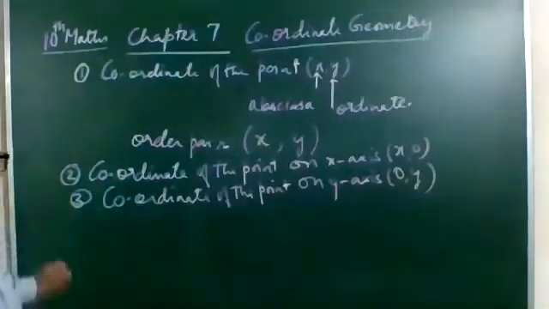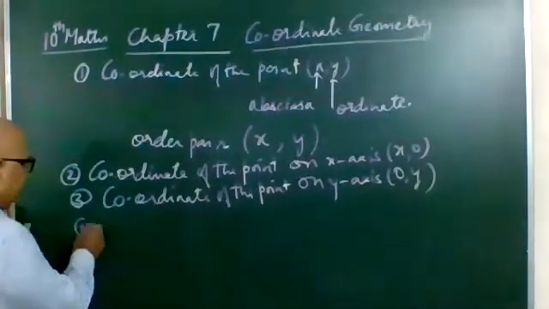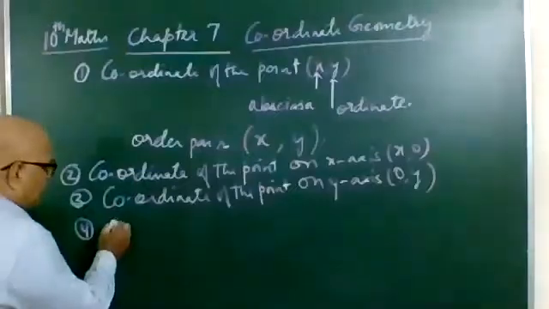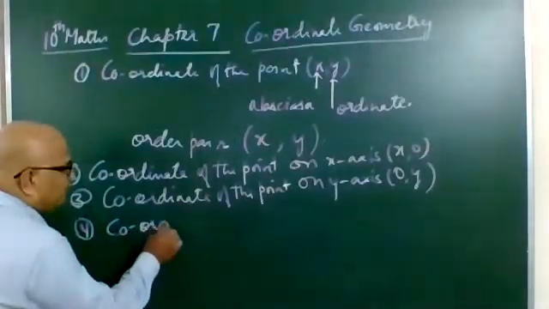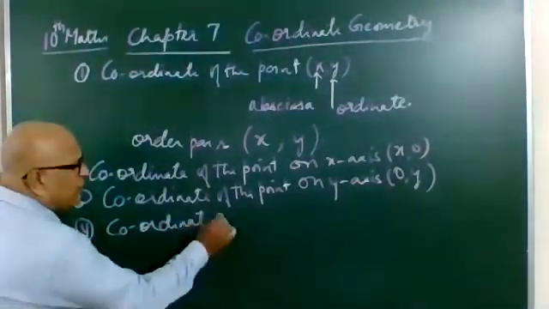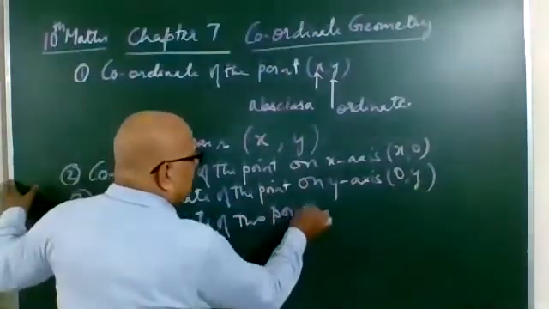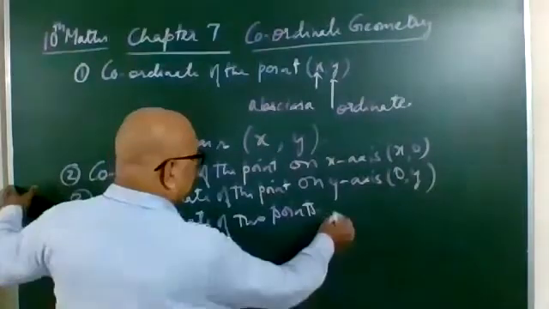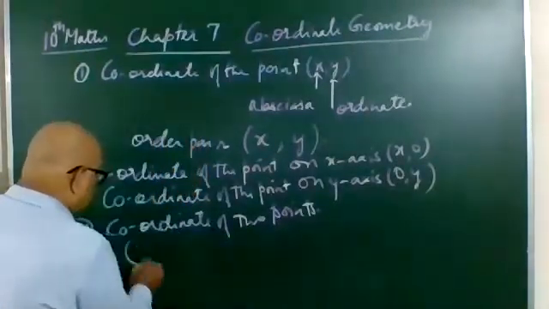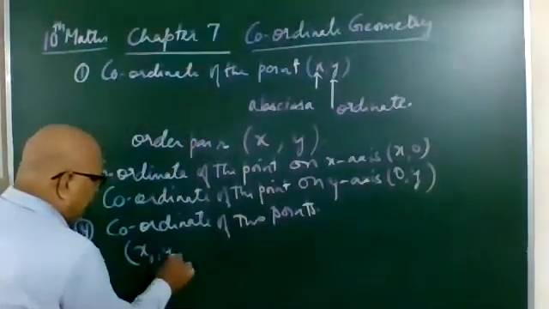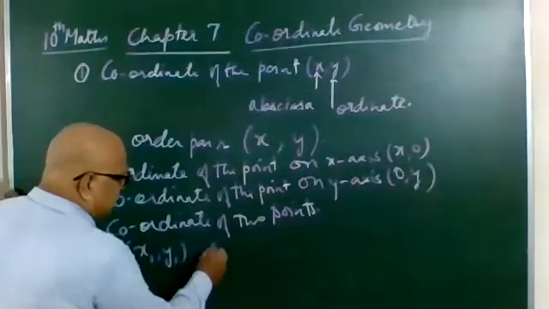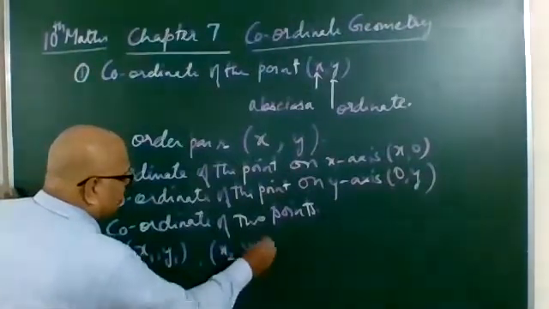Now, 2 points are given. Coordinates of 2 points, that is x1, y1 and another x2, y2.